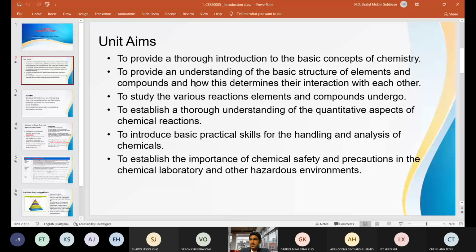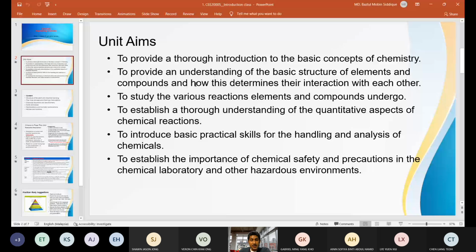So bear with me if you see that it is very similar to what you have learned in the foundation. It will be different when we go into week 5 or 6 and beyond.